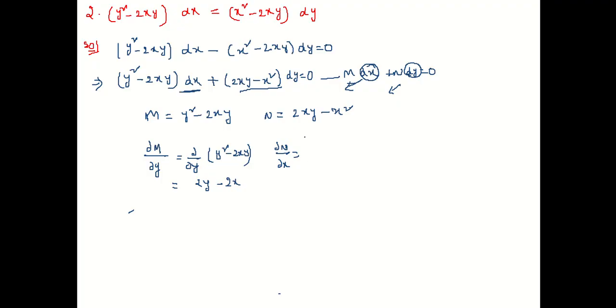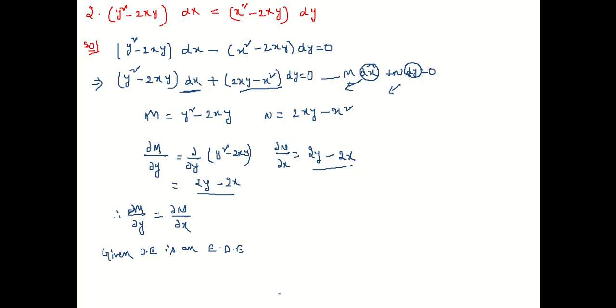The derivative of x is 1, 2y is constant, and the x square derivative is 2x. So now observe this: dou M by dou y equals 2y minus 2x and dou N by dou x equals 2y minus 2x. Therefore, clearly dou M by dou y equals dou N by dou x. Hence the given differential equation is an exact differential equation.